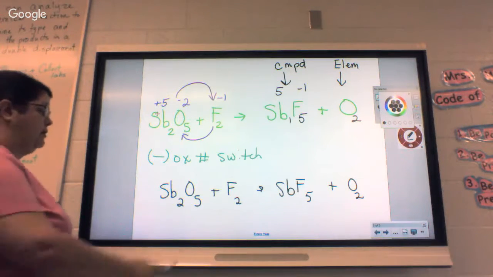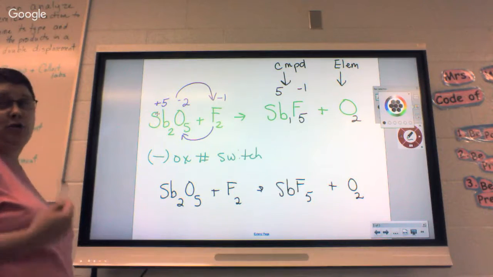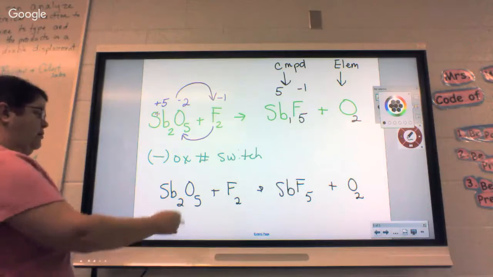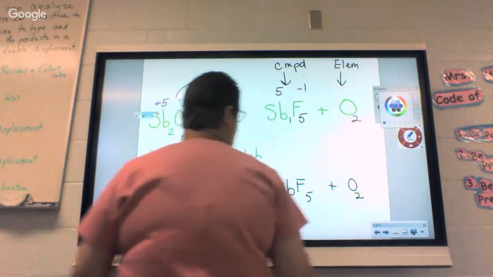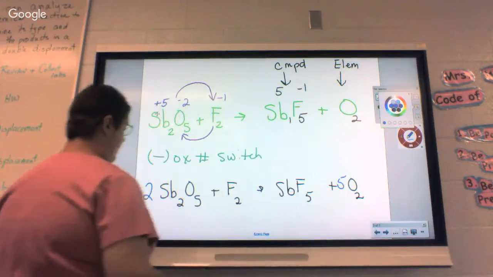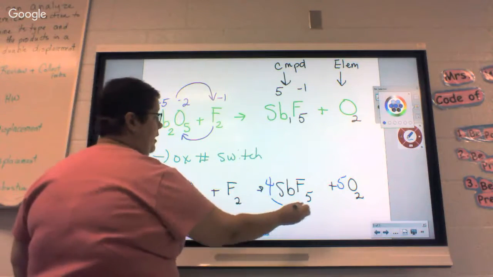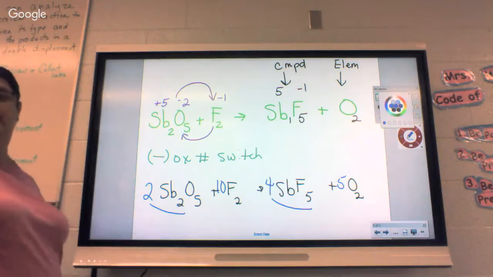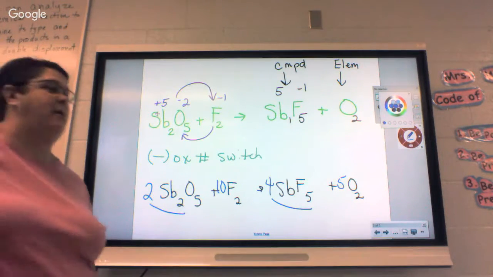I would go with O because O is attached to this Sb with that 2 on it. Personally. You can do something else if you're going to erase. So how many O's are here? How many O's are here? Based on that, we're going to need a 2 and a 5. So how many Sbs do we make? So 4. Question. All right, let's do one with the polyatomic ion.